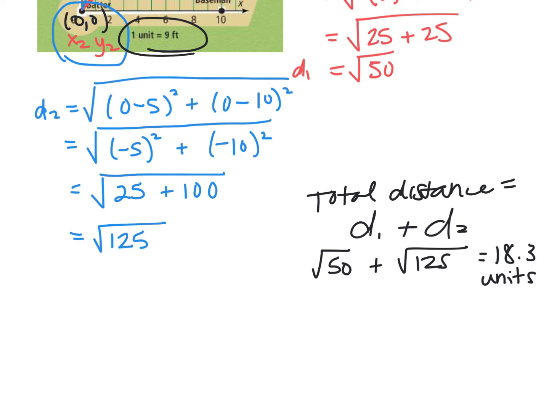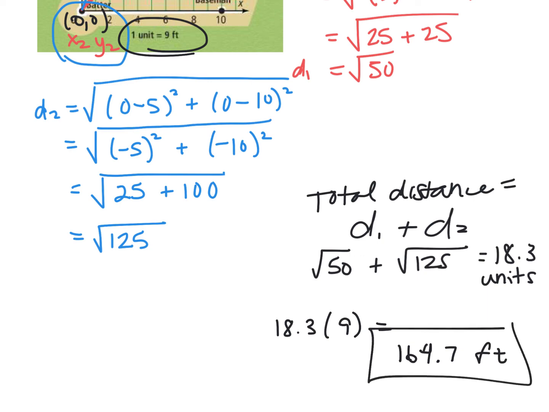So all we do is we take that conversion. For each unit, there are 9 feet. So we take our 18.3, multiply it by 9, and we get our final answer of 164.7 feet. And there you go.